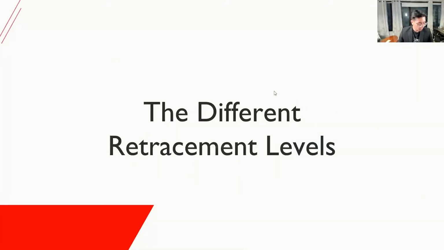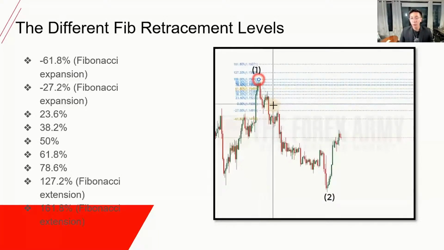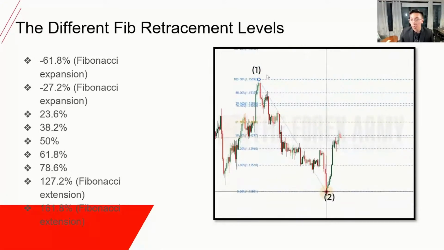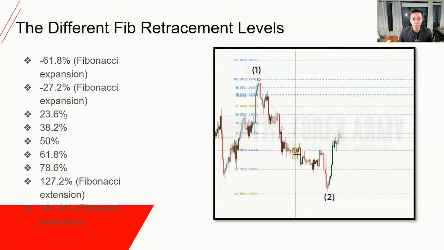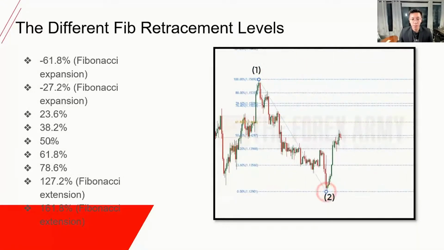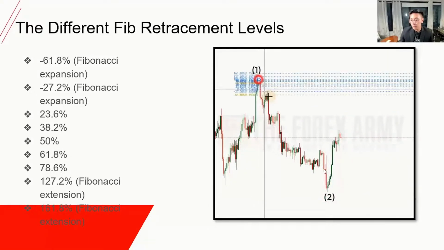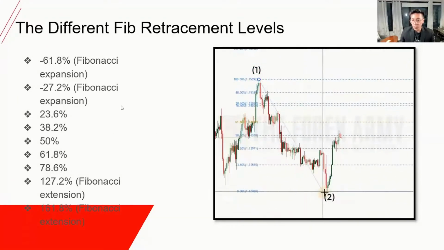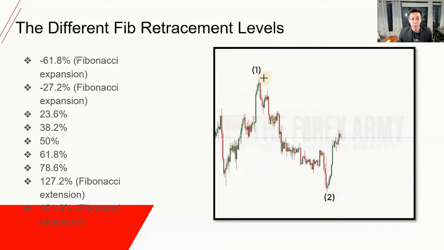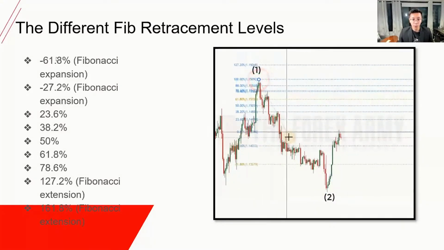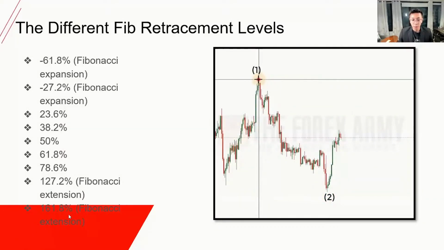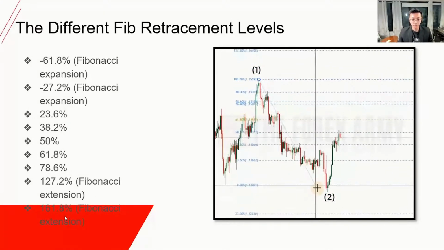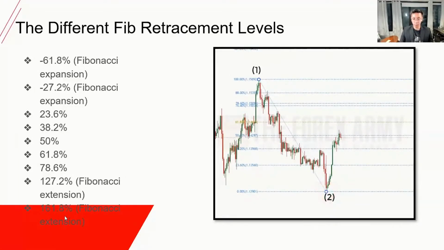So what are the different retracement levels? The different fib retracement levels, 100% to 0%: we can see the 23.6, 38.2, 50, 61.8, 78.6. Your extremes are your expansion levels, the negative 61.8, negative 27.2, and then we have your extension levels, 127.2 and 161.8.